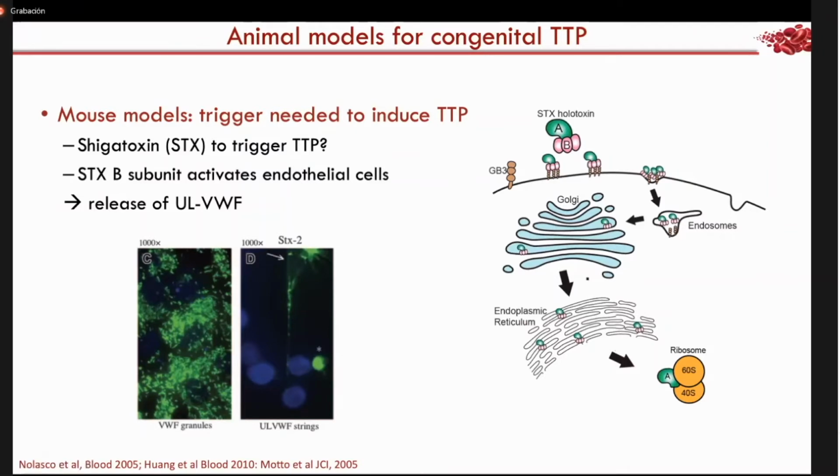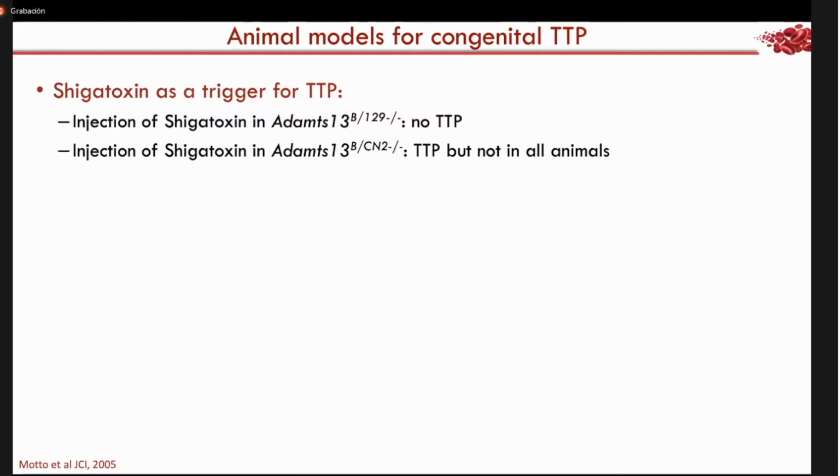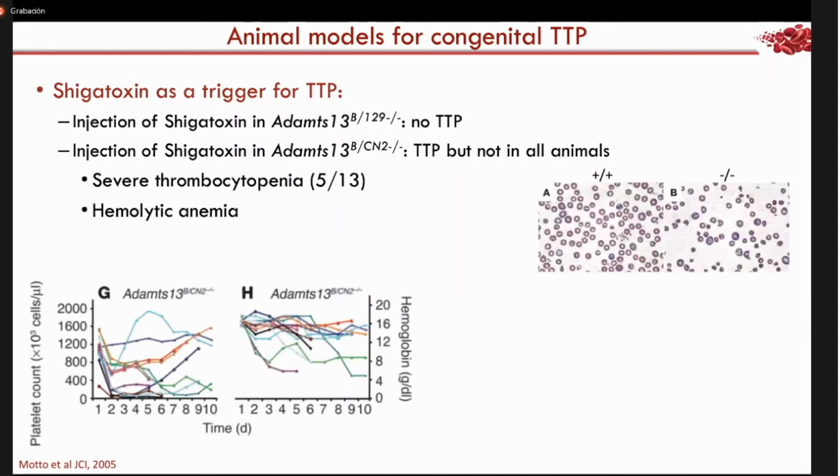So the researchers reasoned if we treat the mice with Shiga toxin, we might induce TTP. So they injected the mice with the Shiga toxin. In the mice on the black 6 background, there was no TTP. But if they injected the mice on the background with the higher VWF levels, they could induce TTP, but not in all animals.